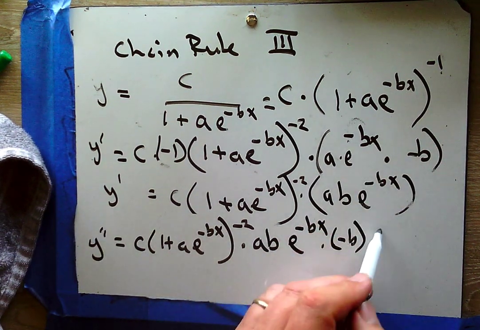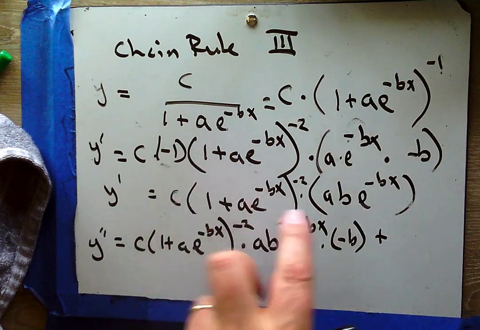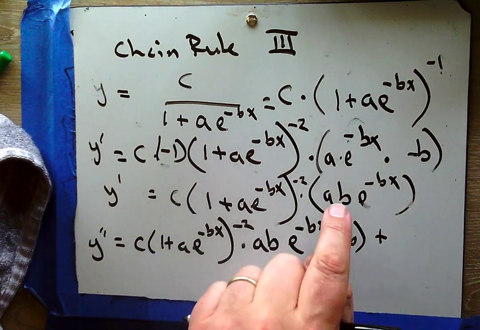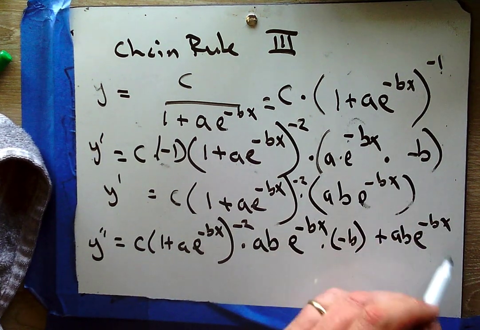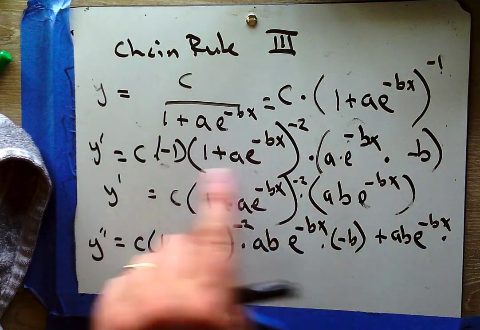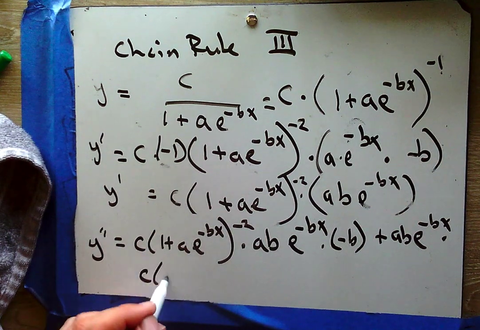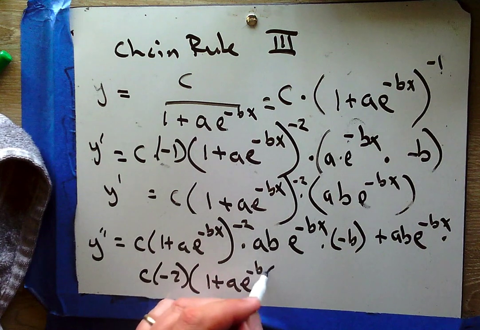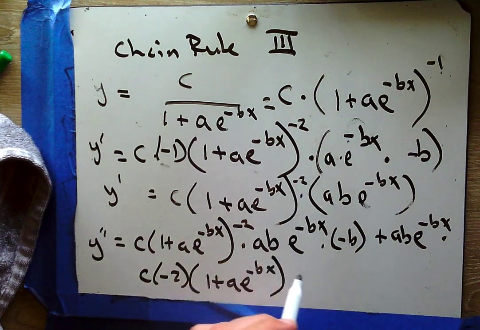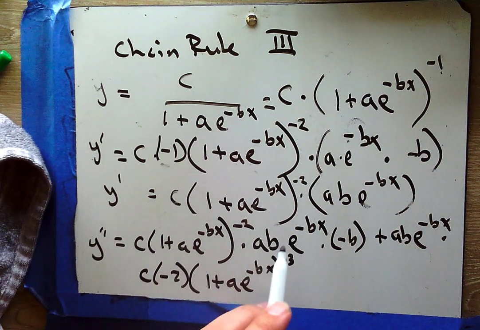No, that was just the first half of the product rule. This times the derivative of that. Now I need a b e to the minus bx times the derivative of this, c times negative 2, 1 plus a e to the minus bx to the negative 3. Don't forget to subtract 1. Yeah, it's around this time that people forget to subtract 1.